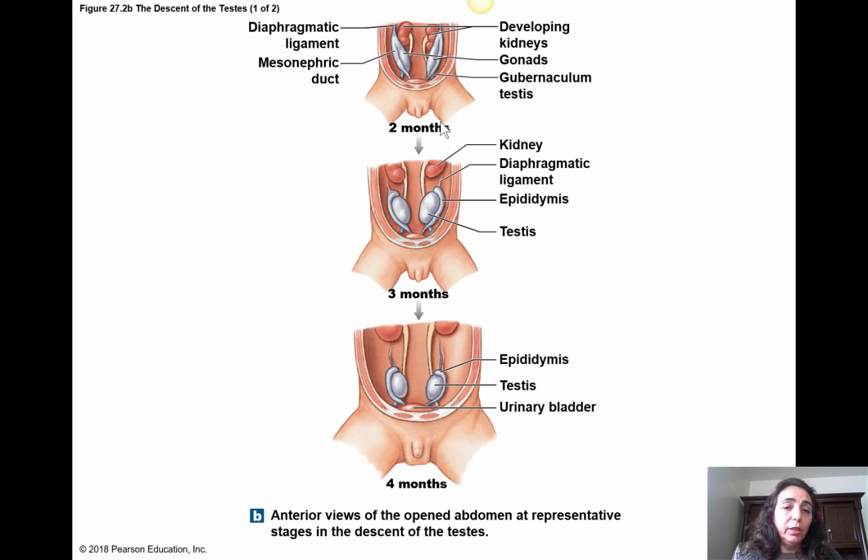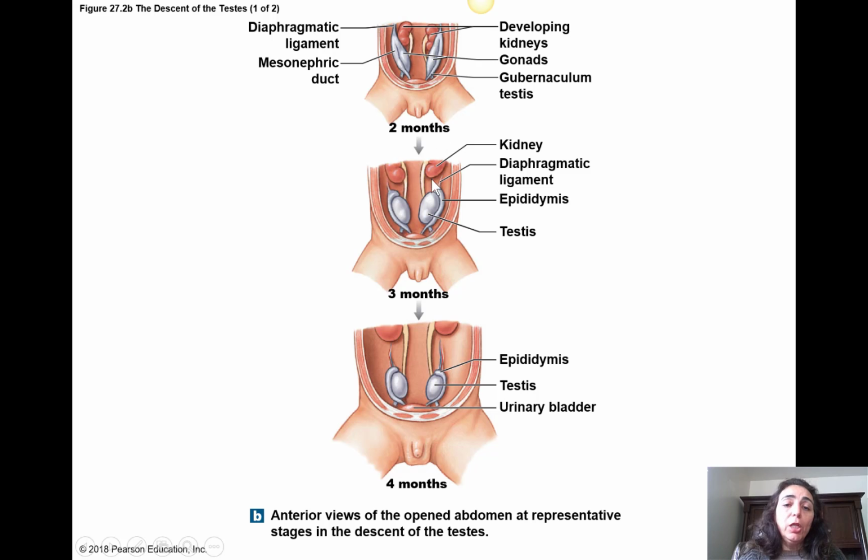Now in this other picture, you see the structures that are developing the reproductive system besides the ones developing the urinary system. You see the location of the developing kidneys at 2 months of the embryonic period, and then you see the structures that are going to make the reproductive system.